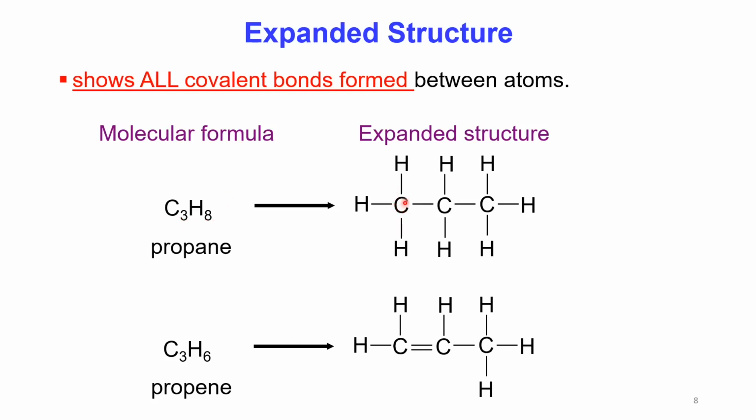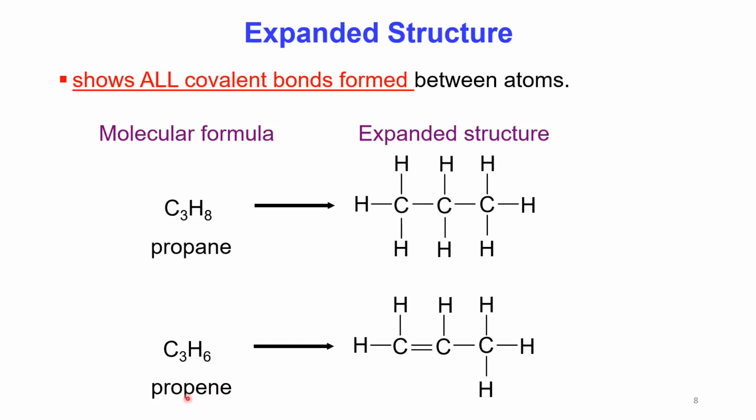This is the first carbon, which is attached to 3 hydrogen atoms, and this carbon is attached to the next carbon atom, which is the second carbon, and this carbon atom is attached to 2 hydrogen atoms, and the last carbon, or the third carbon, is attached to 3 hydrogen atoms. So this is the expanded structure for propane.